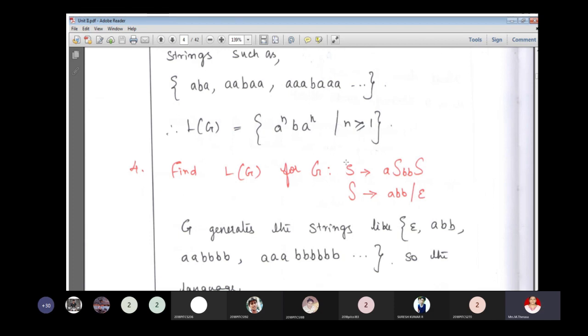Always the head of the first production is called the start symbol. So here you have only one variable, capital S, which is going to be the start symbol. Capital letters represent variables, and you have only one capital letter, S. So S is a variable. And terminals: other than the capital letter, what are the symbols you have? a, b. You should not include the null string in T.